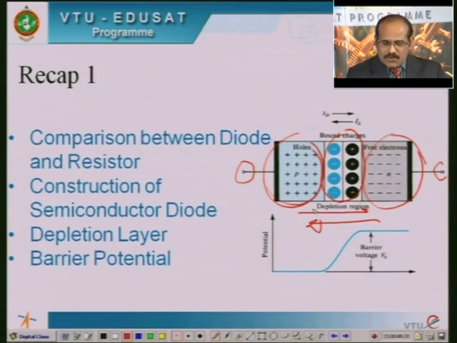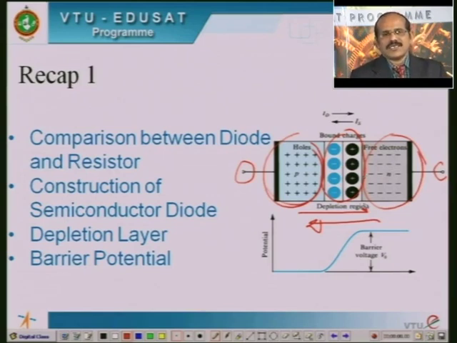When the holes move to the N type, they neutralize the electrons. Similarly, when the electrons move from the N to the P type, they neutralize the holes. That creates a layer or region consisting only of the immovable fixed ions, and therefore a depletion region is formed.